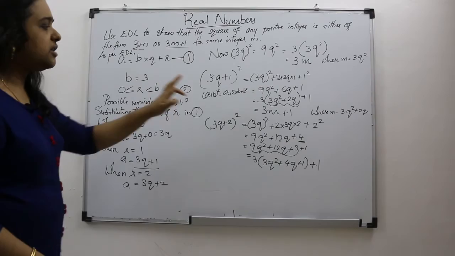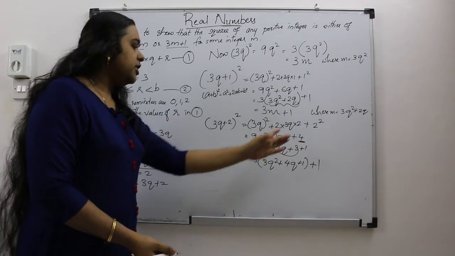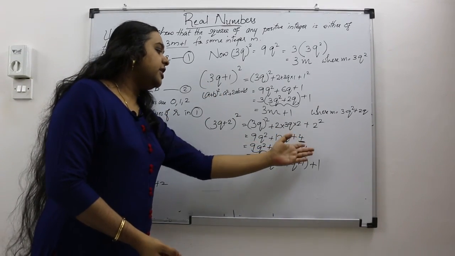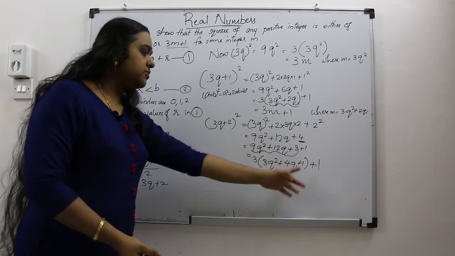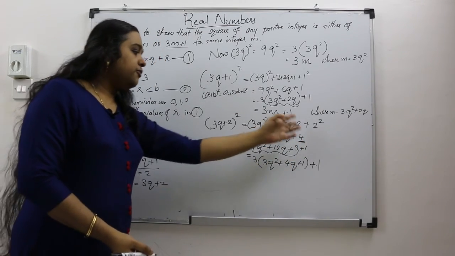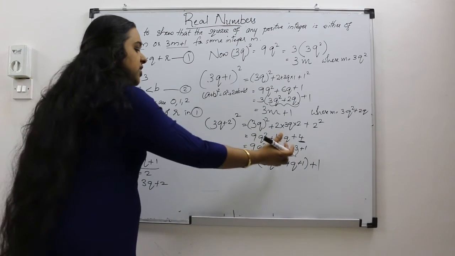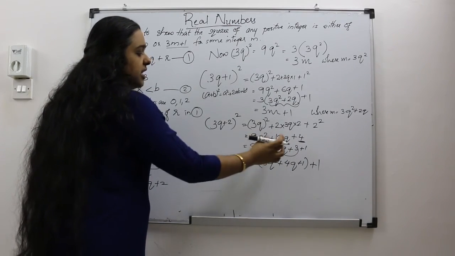What I need is the form 3m plus 1. So I made 4 as 3 plus 1 and took 3 as a common factor of these three numbers.